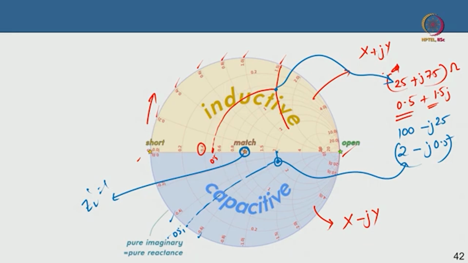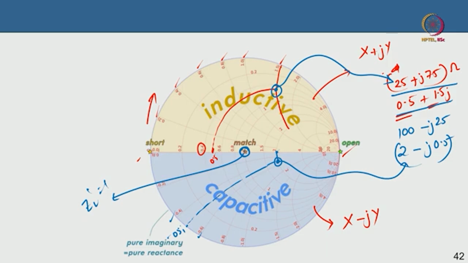The idea is that you always want to come to this match condition. Suppose I have a point here which is your 25 plus j 75 or 0.5 plus 1.5. So I have a point here which could be, for instance, my output impedance of the device, and I want the device to be internally matched to 50 ohm, because everything is 50 ohm.